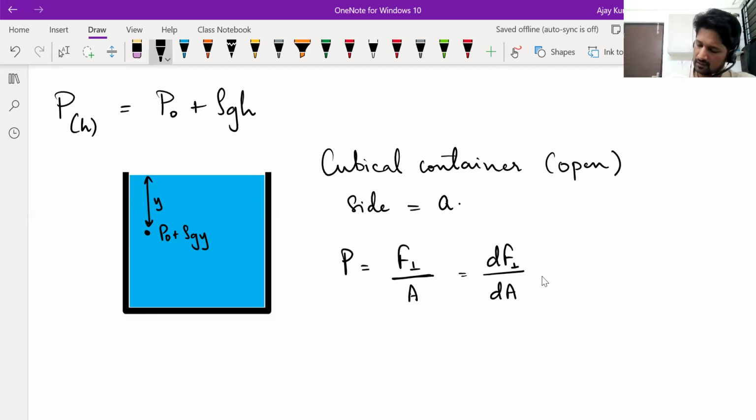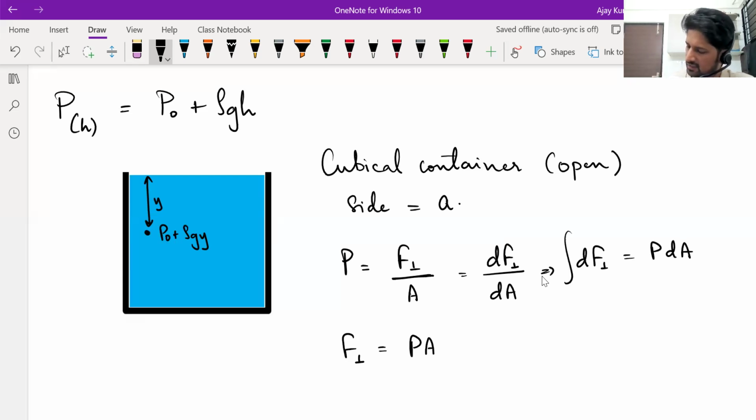So the force exerted perpendicularly will be pressure multiplied with area. Or you can write the small perpendicular force acting on a small patch of area as pressure multiplied with that area, and if you integrate that, you can find the total force also. So if you know the pressure and the area on which that pressure is exerted, you can tell the force exerted on that area. We'll work on that a little bit first.